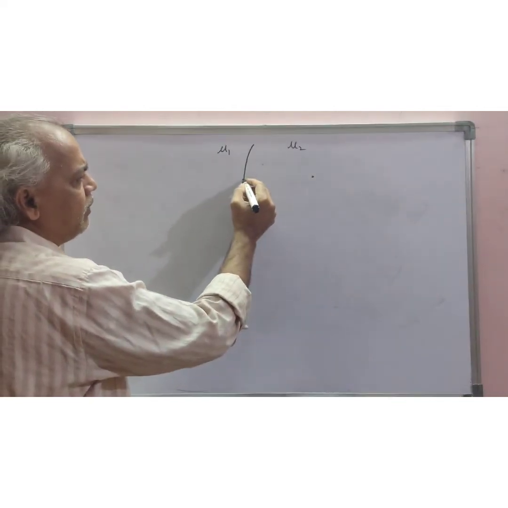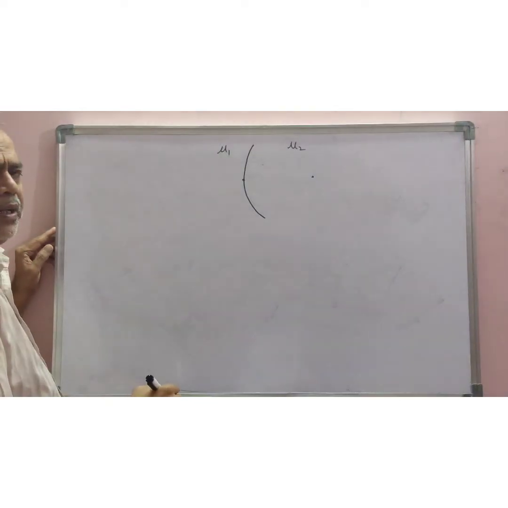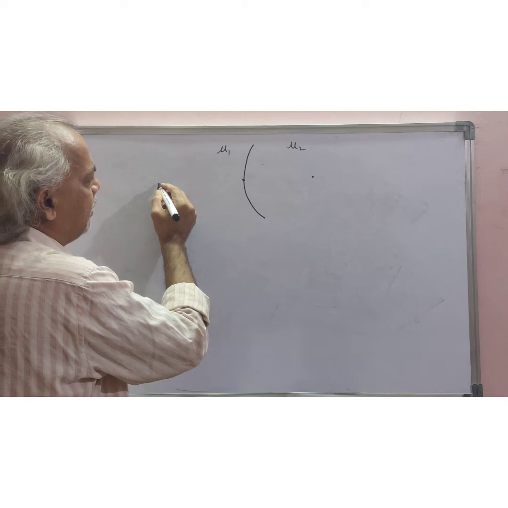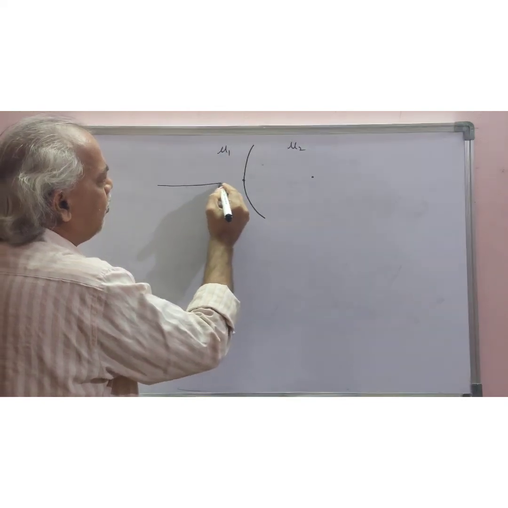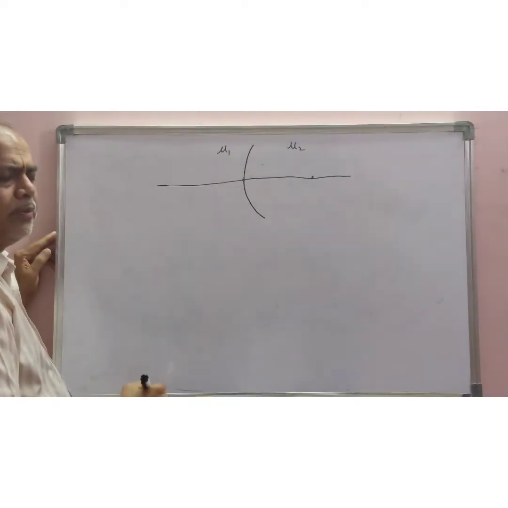The distance between the pole and the center of curvature is called the radius of curvature, and the line joining the pole and the center of curvature is called the principal axis.